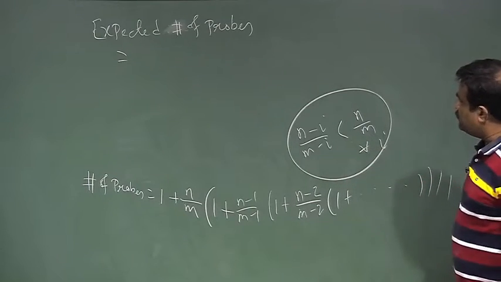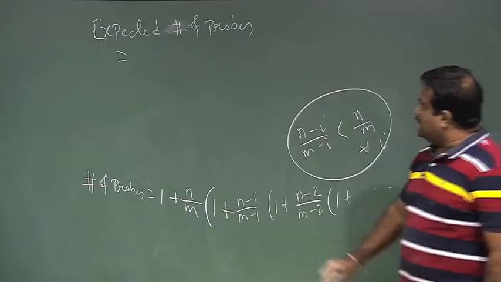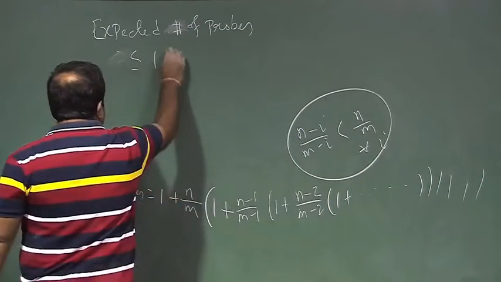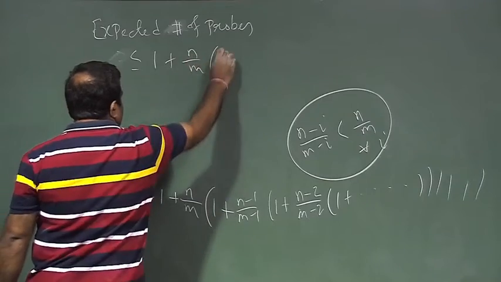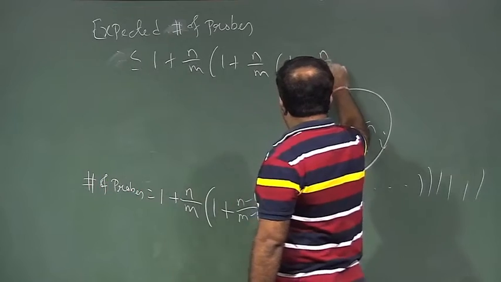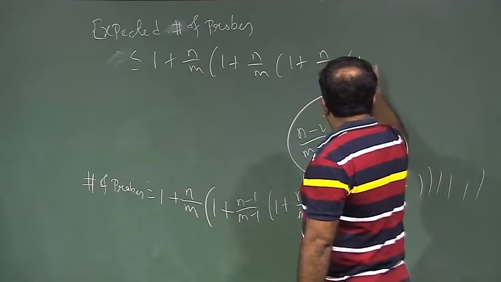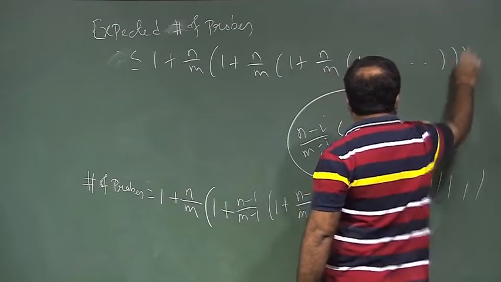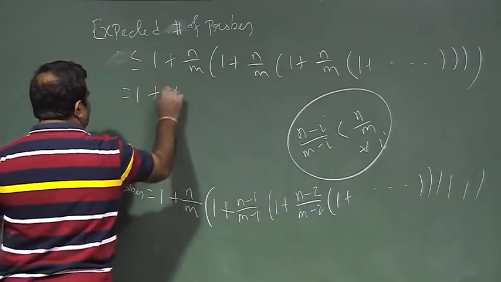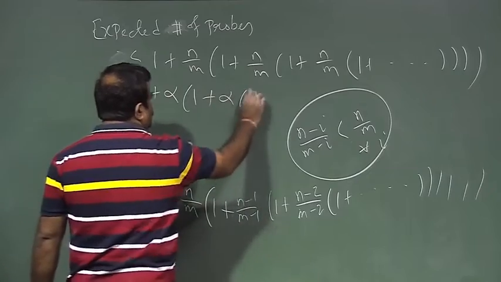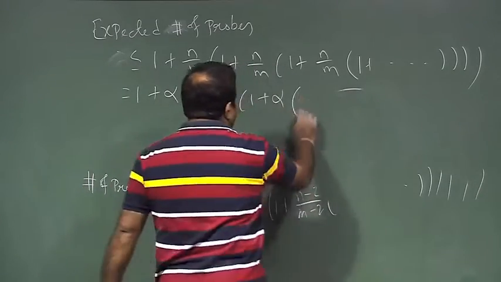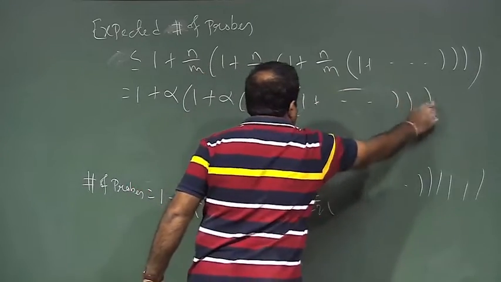This can be easily proved. So, if we use that, this is less than or equal to 1 plus n by m, into 1 plus n by m, into 1 plus n by m, like this. This n by m is basically alpha, so this is 1 plus alpha into 1 plus alpha into 1 plus alpha, and so on.